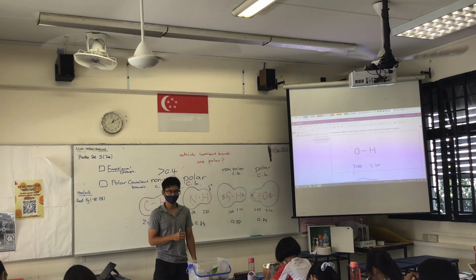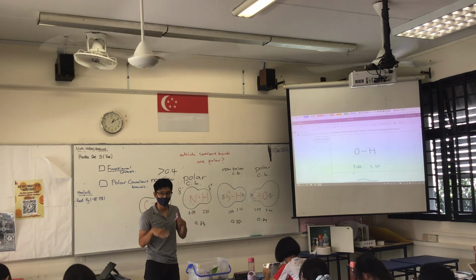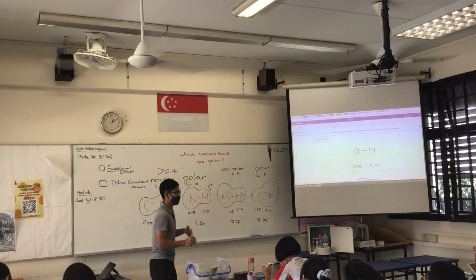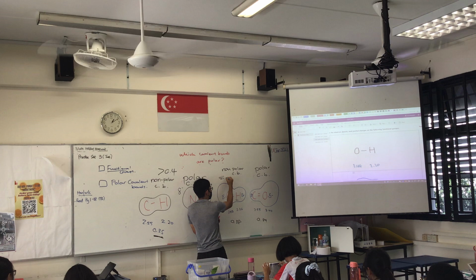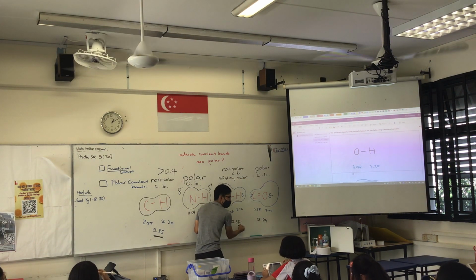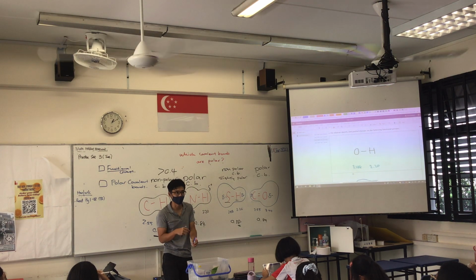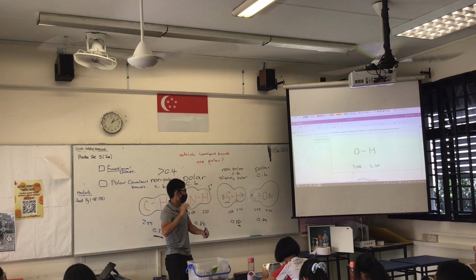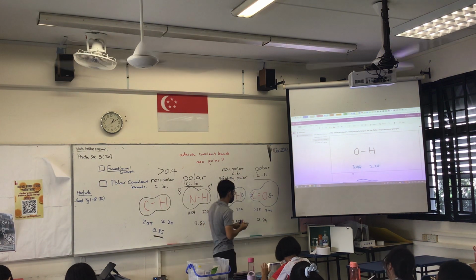Still follow it? If you do a quick Google, sometimes you may find online that they say S and H together is slightly polar, because this is almost at 0.4. So some sources put them as slightly polar. Okay? But the key thing here is that this one is polar, this one is polar in nature.